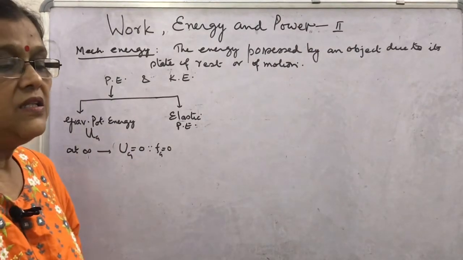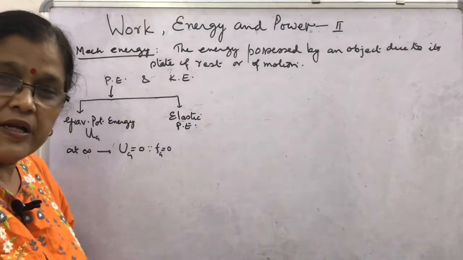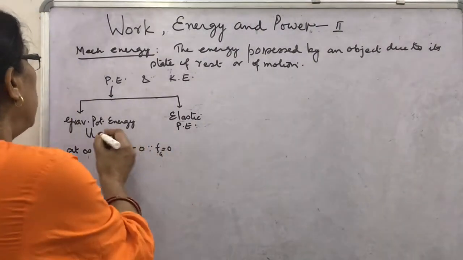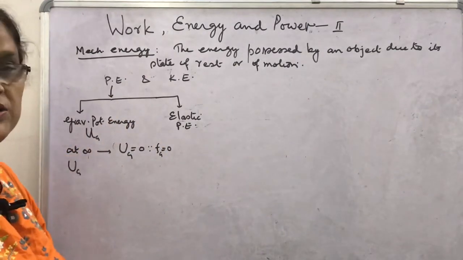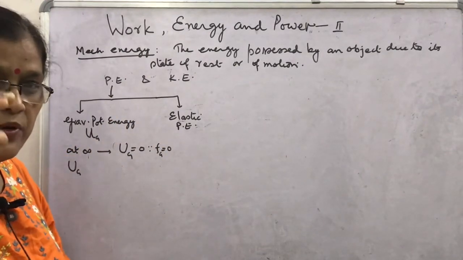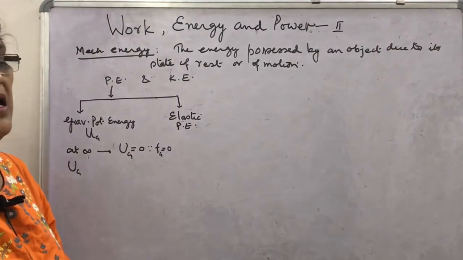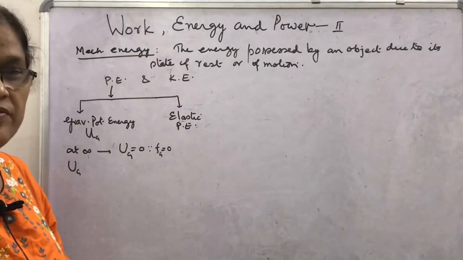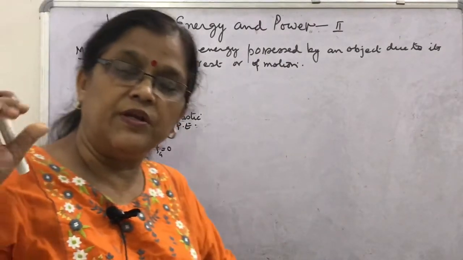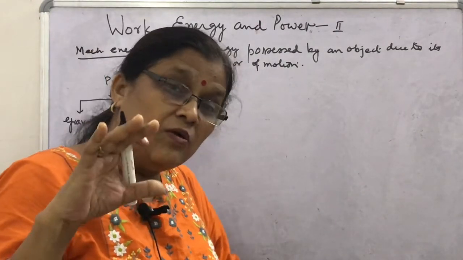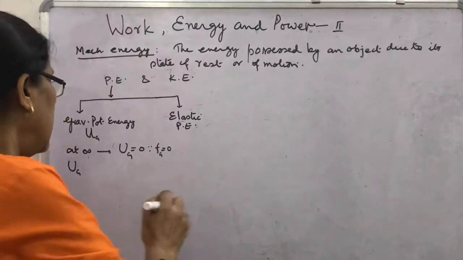It is defined at a point. I am writing gravitational potential energy UG. UG at a point is defined as the work done by gravitational force in bringing an object from infinity to that point. What is gravitational potential energy?